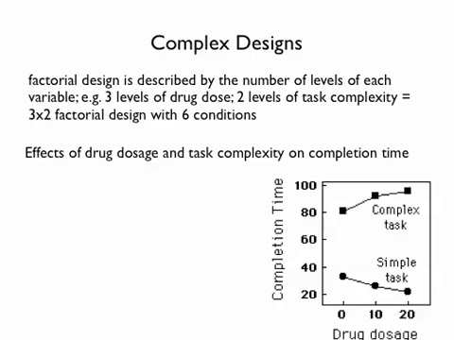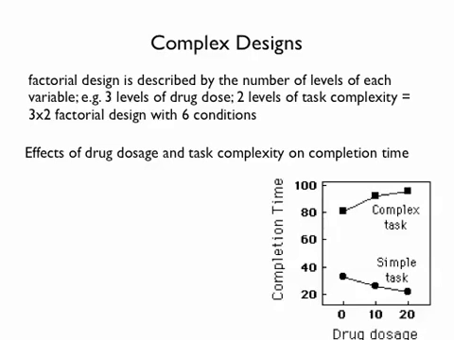It has 6 total conditions. You get that by multiplying 3 times 2. And you can just count them. You can see that there's 6 total data points here. Those indicate mean scores for people within each of these 6 different groups. We have 3 different drug doses where people did a complex task. The same 3 drug doses were used when people were doing a simple task, and that's a total of 6 different conditions.